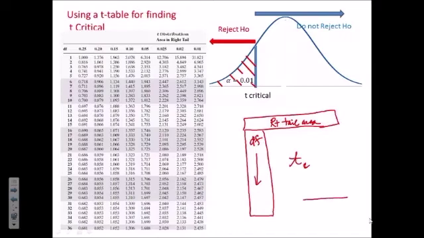So this chart, if you have the area of this right tail, that's related to this boundary point, T-critical.